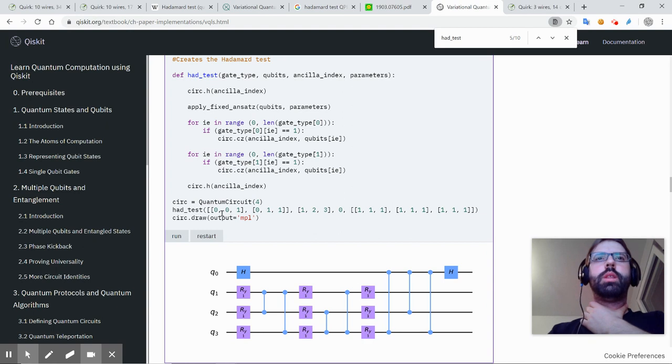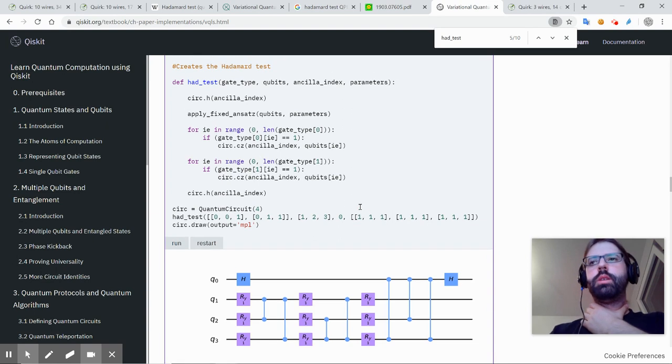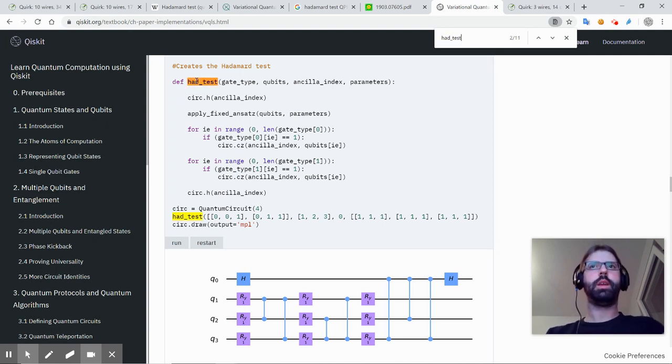why is that okay, type? Why is that applied twice though? I don't get it. And how is this Hadamard test applied then?